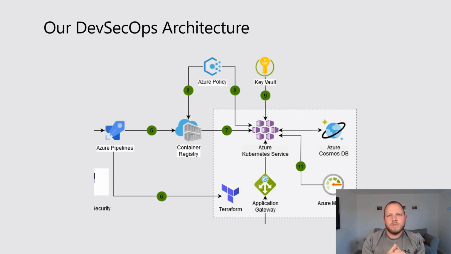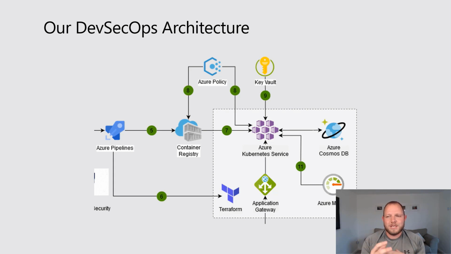I'm using a key vault to secure my keys and my secrets, and I'm also monitoring that application in Azure Monitor. I'm using Azure Policy to ensure governance of my environment. And we're going to look at some demos around how you can use Azure Policy as part of DevSecOps to make sure that your applications are governed and are compliant to the requirements that you need to set.